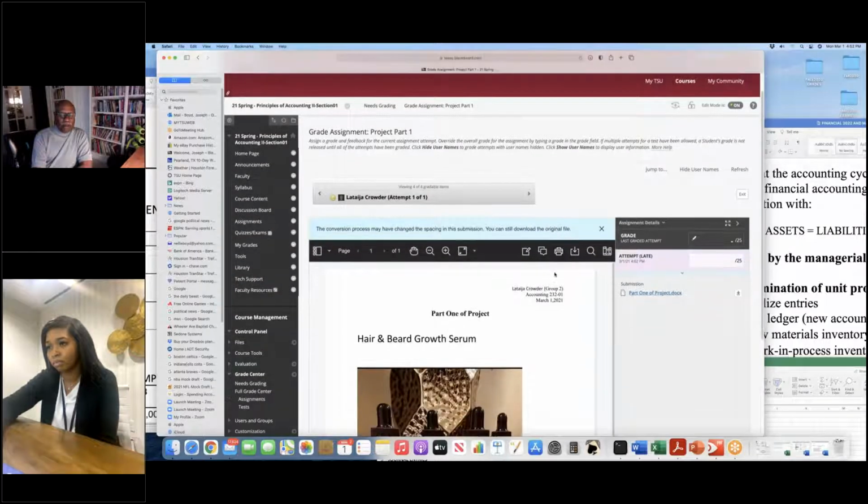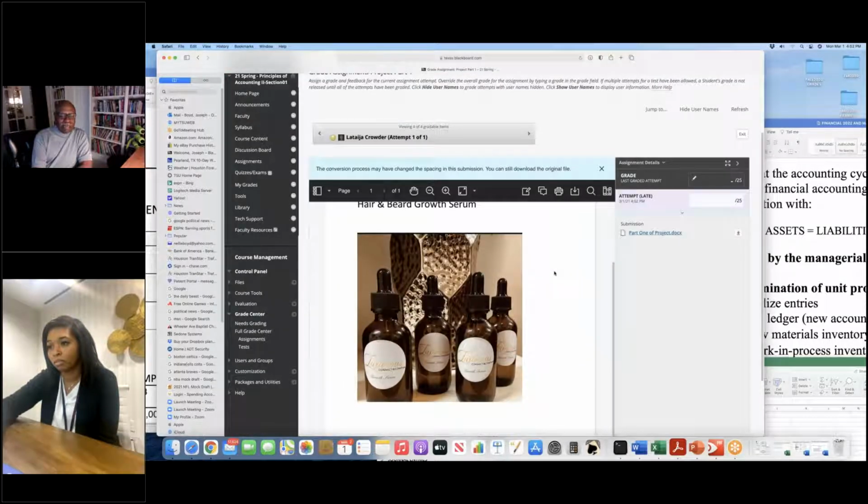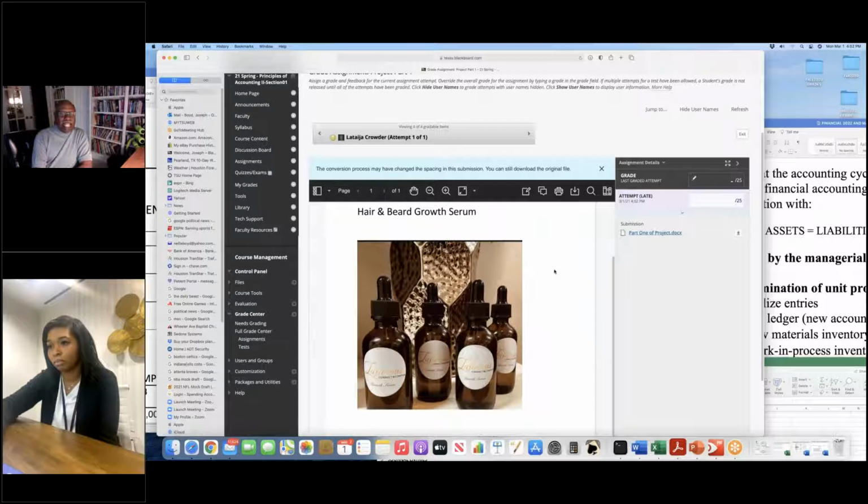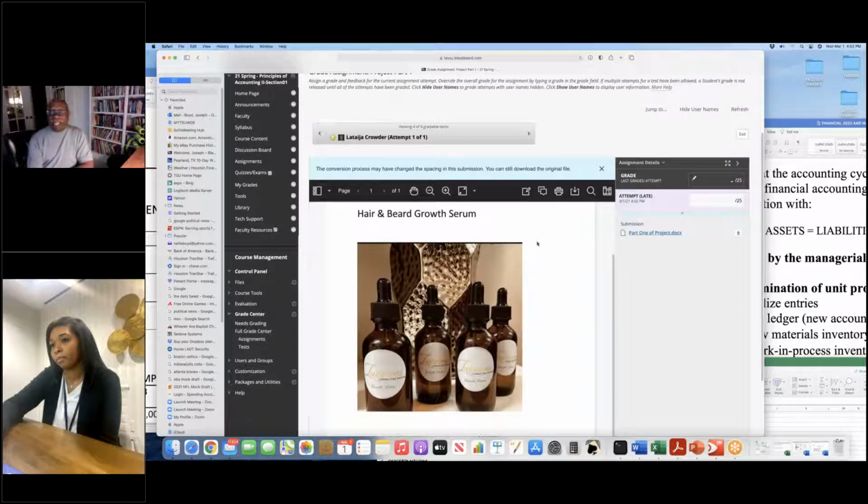Group 4 is making hair and beard growth serum. What are we gonna make this hair and beard growth serum out of?